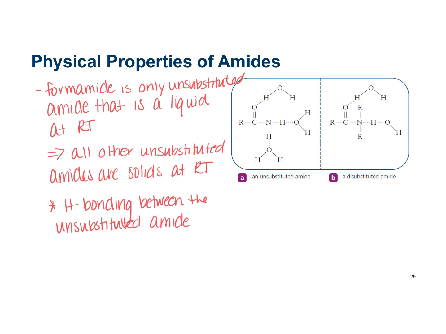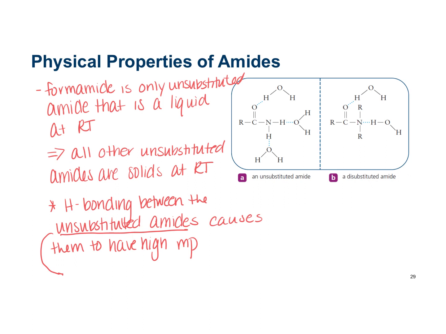And when I say unsubstituted amides, I just mean that on that nitrogen there are two hydrogens, right? So there's no other R groups. And it causes them to have high melting points.